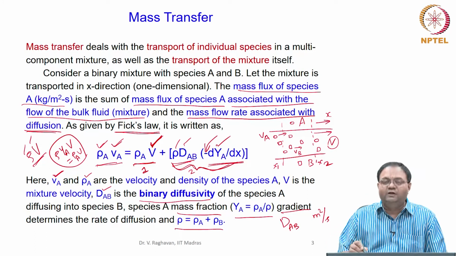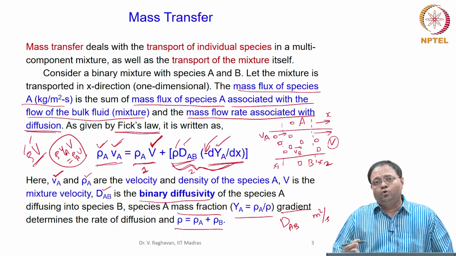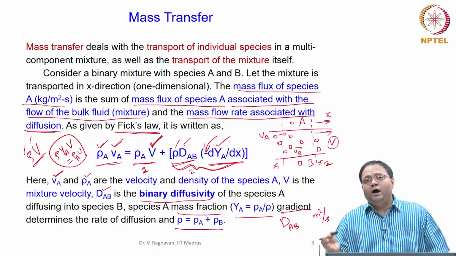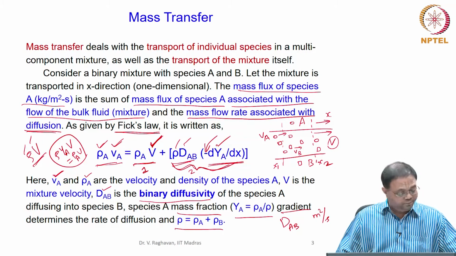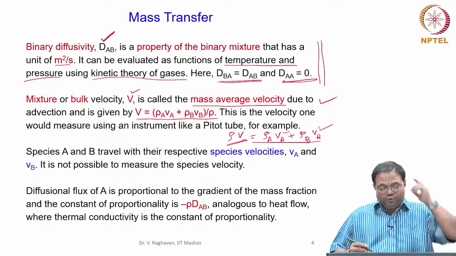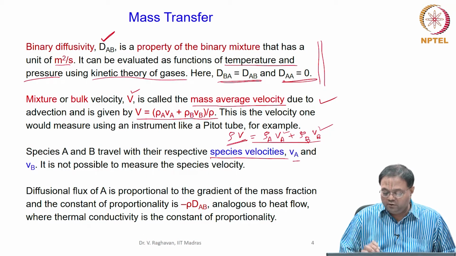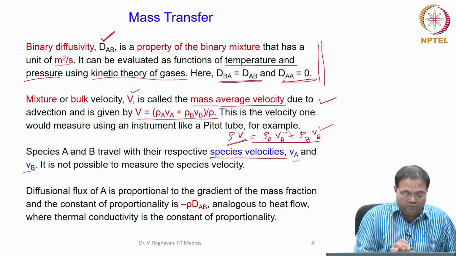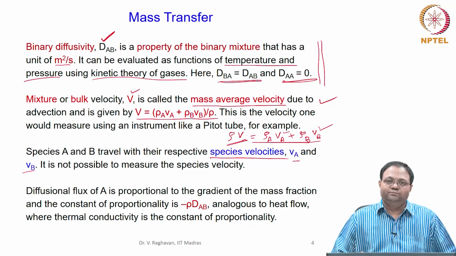Apart from this, each species also diffuses from the high concentration zone to the lower concentration zone, and the diffusion can oppose the convection and vice versa. Now, species A and B travel with their respective species velocities, small va and small vb, and it is not possible to measure these.